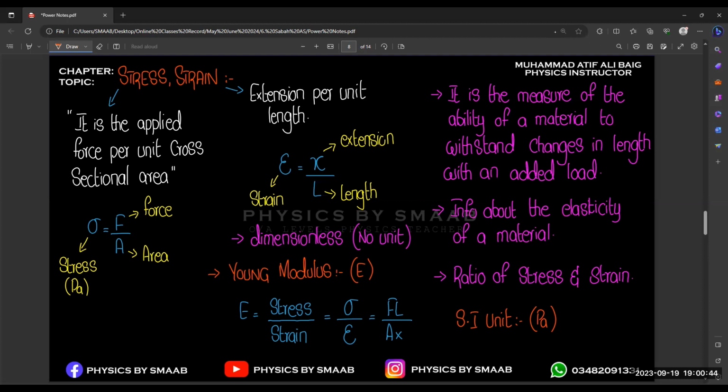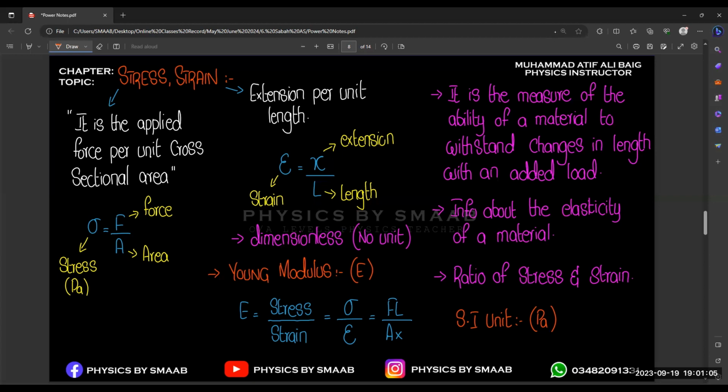And we will discuss how to find the area under the curve for materials that obey Hooke's law or do not obey Hooke's law. These two topics are the new ones that we have to discuss.